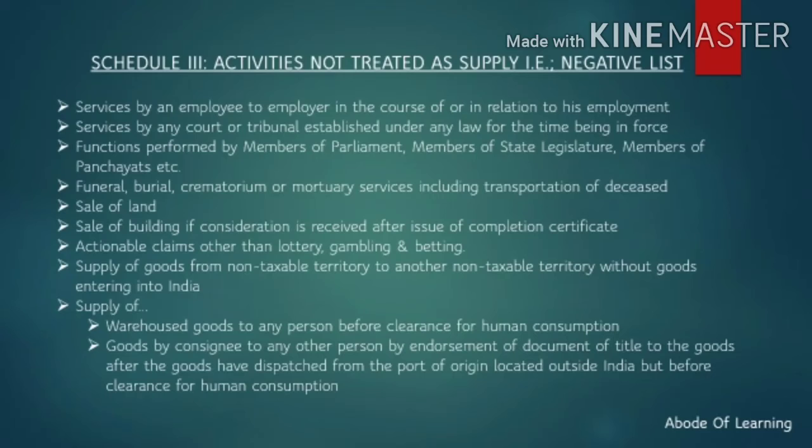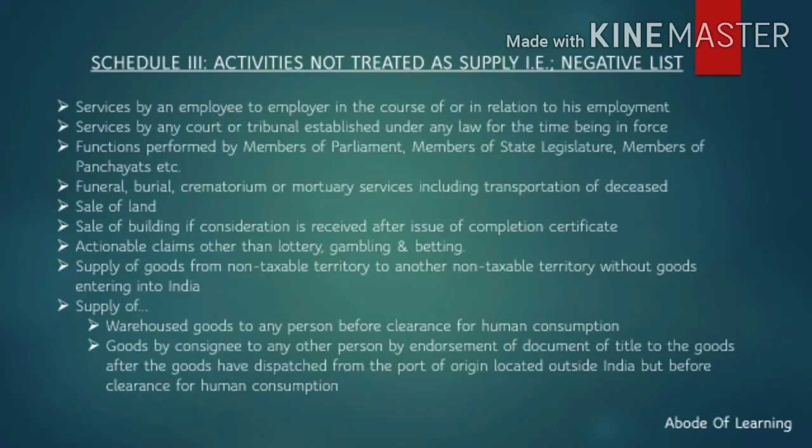Schedule 3. Activities which are not treated as supply, that is the negative list. I'll explain schedule 2 after explaining schedule 3. So what is schedule 3? Schedule 3 consists of all those activities which won't be considered as a supply under GST. So what are those?